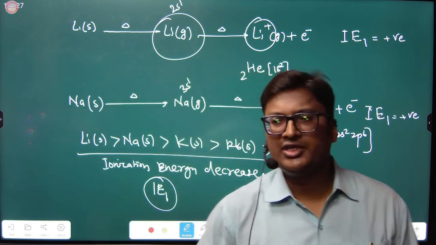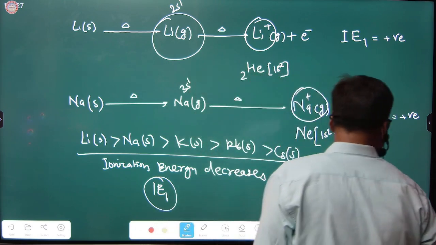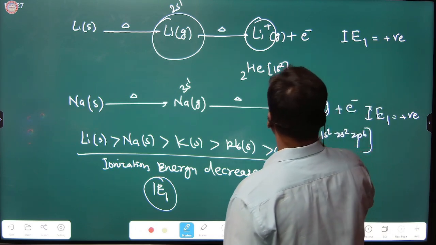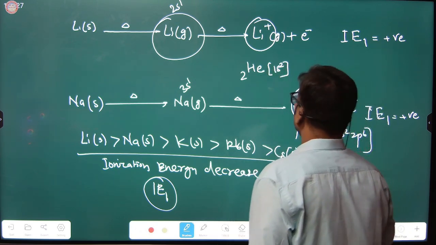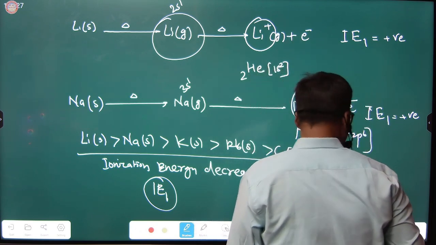So what do you think about the second ionization energy? So suppose for the second ionization energy, that is lithium.